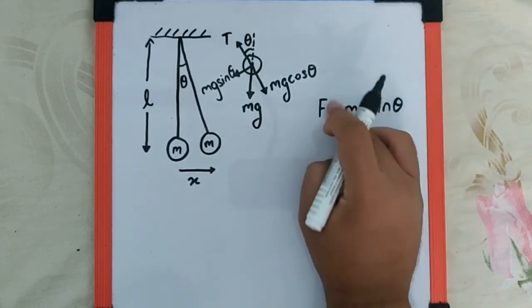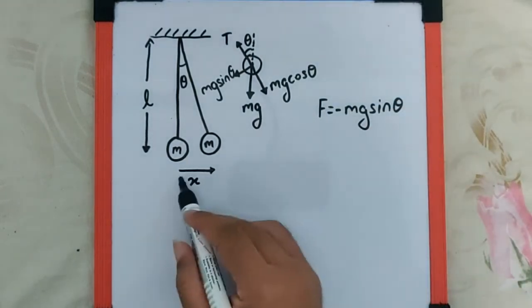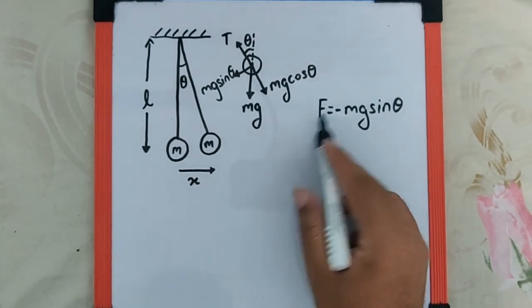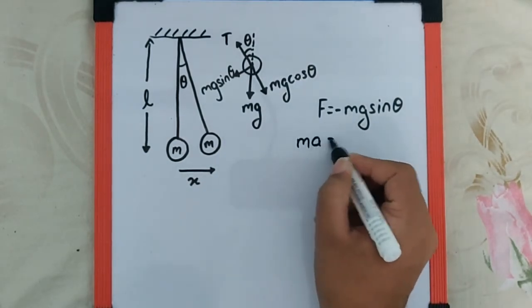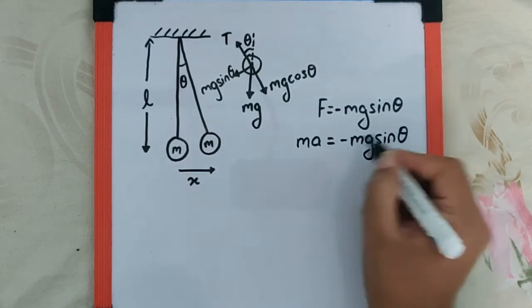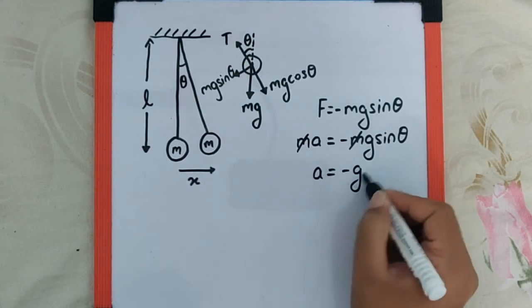And the restoring force, as we know, is always negative because it is opposite to the displacement. Now we know in general F is ma, mass into acceleration. So ma is minus mg sin theta. So m gets cancelled and we get acceleration as negative g sin theta.